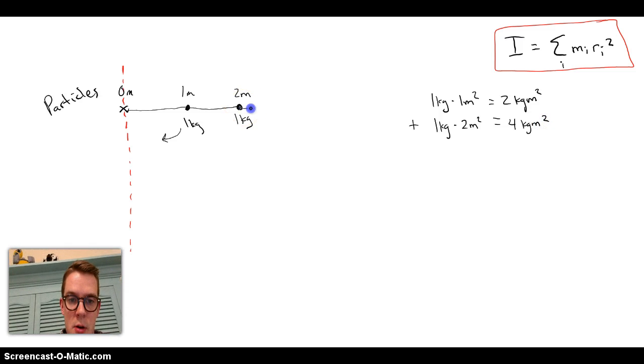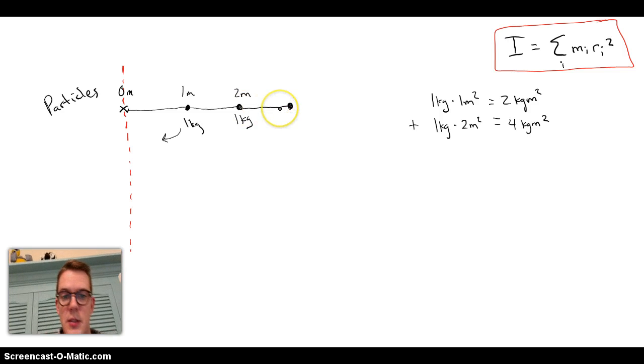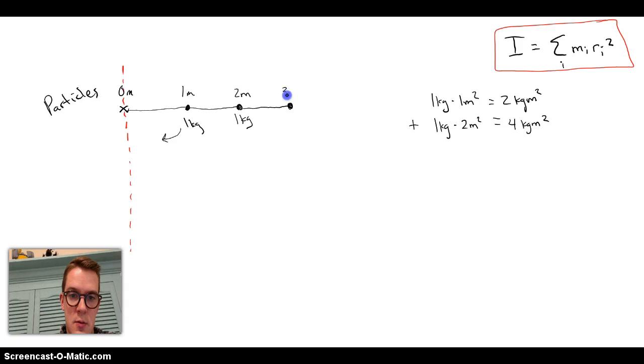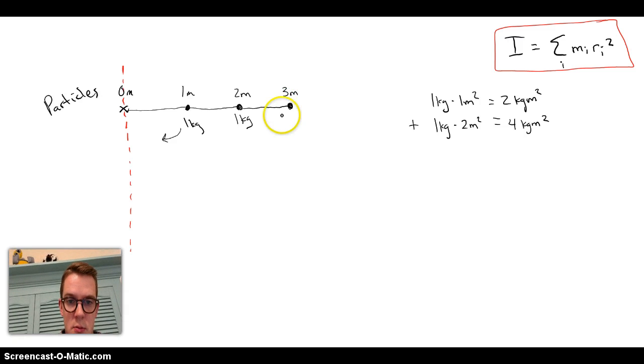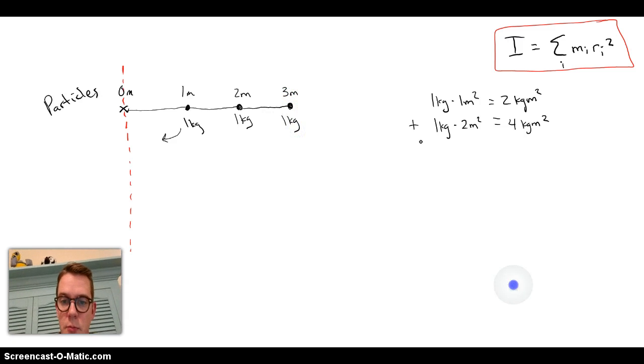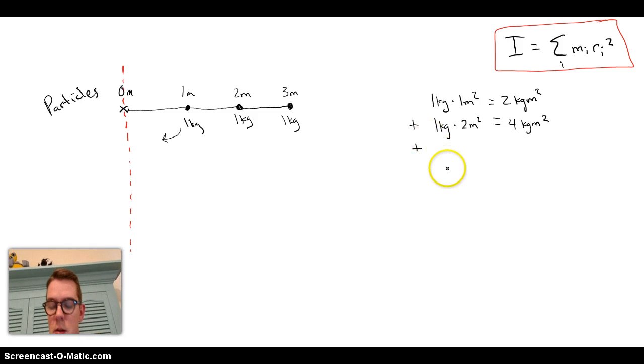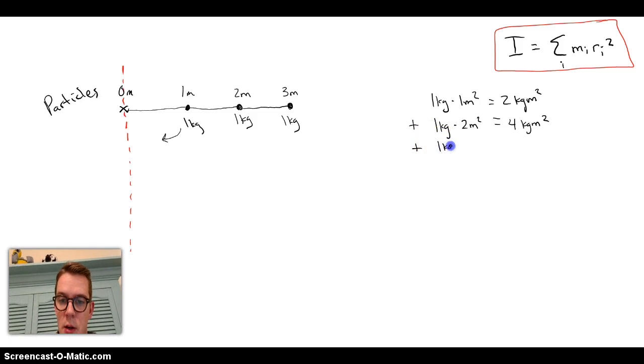And I'm going to add on one more, again pretending that the beam that's connecting these is massless. Now I'll add that one on, and it's 1 kilogram times 3 meters squared.